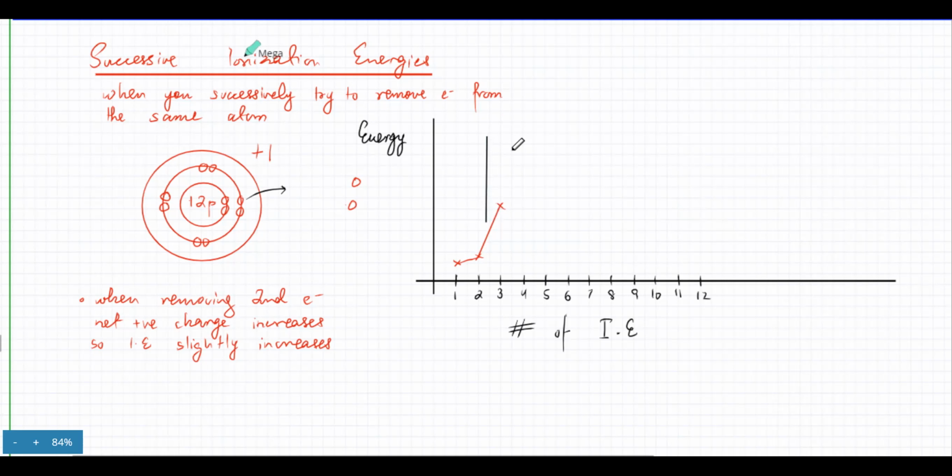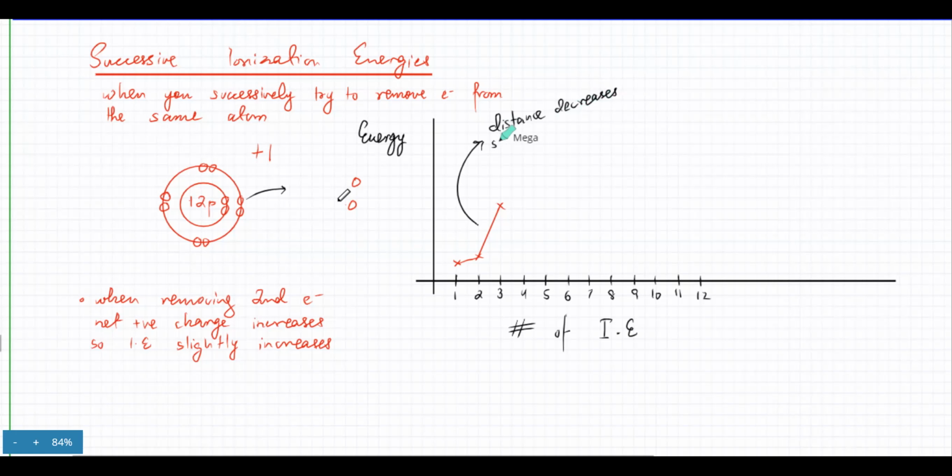The other factor is shielding decreases all of a sudden. And every time net positive charge is obviously increasing, so that's also making it more difficult to remove electrons. So third electron, there's going to be a big jump.